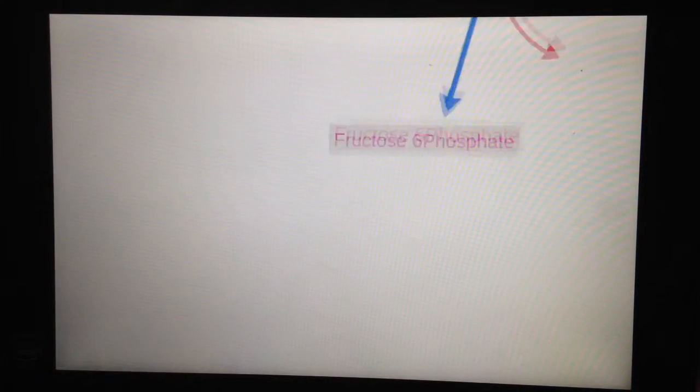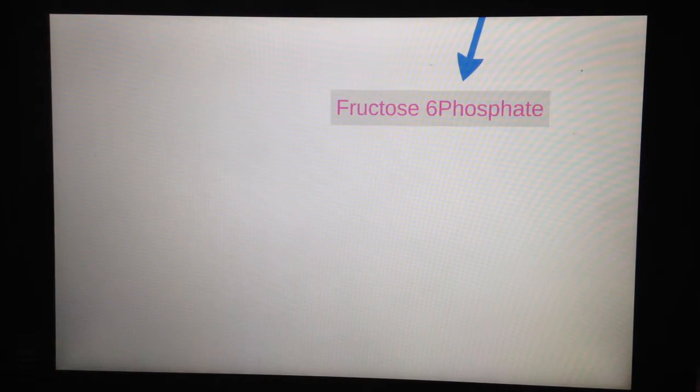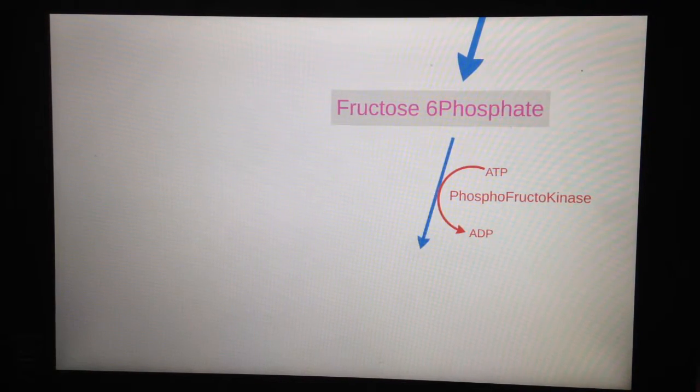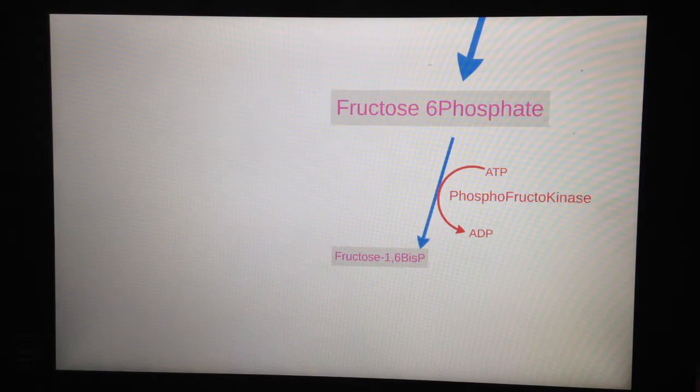Let's move on. The third step of glycolysis is F6P going into F16BP, or fructose 1,6-bisphosphate, using an enzyme called phosphofructokinase. This enzyme is super important in glycolysis, but I'll discuss why phosphofructokinase is very, very important in the coming presentation.